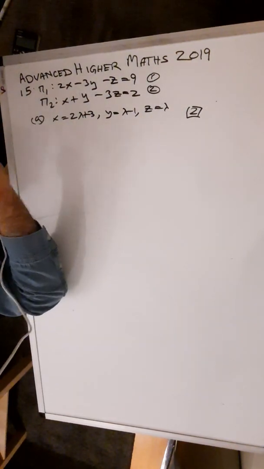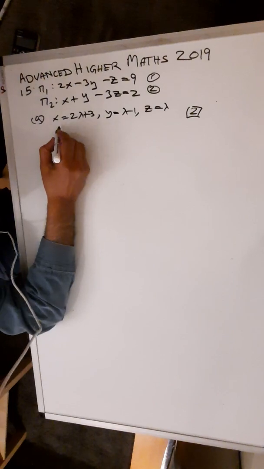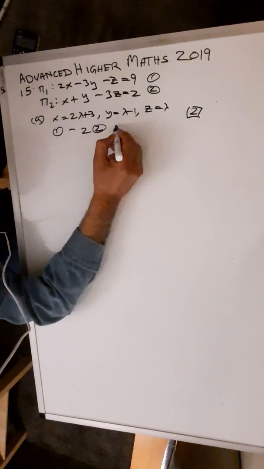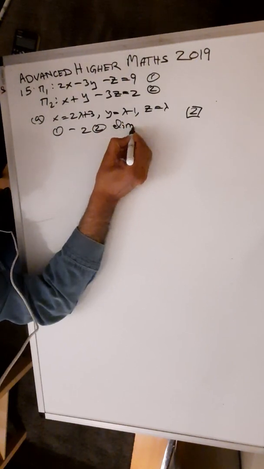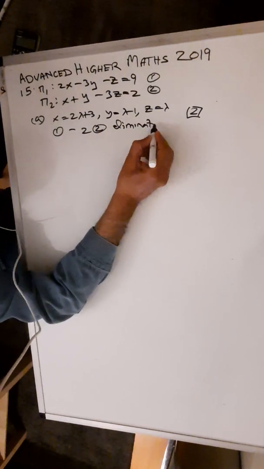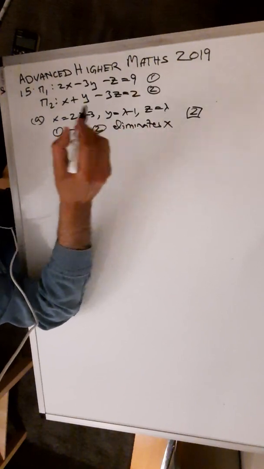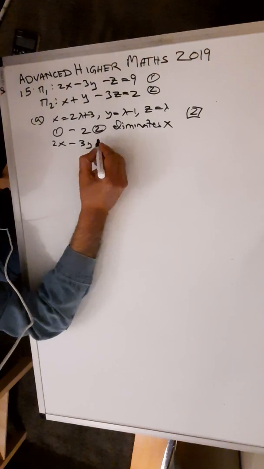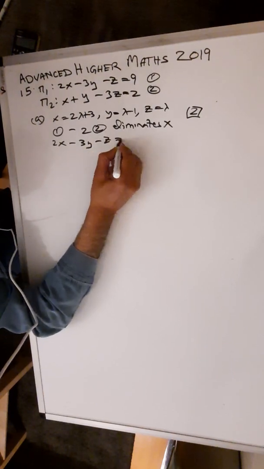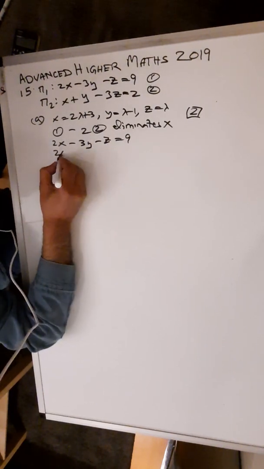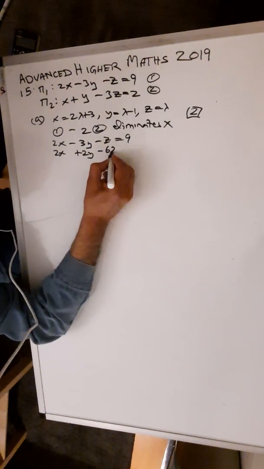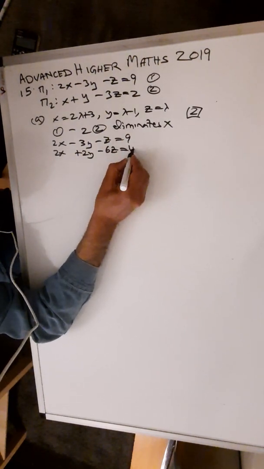You could eliminate x. That would mean that equation 1 minus 2 times equation 2 eliminates x. 2x minus 3y minus z is equal to 9. 2x plus 2y minus 6z is equal to 4.